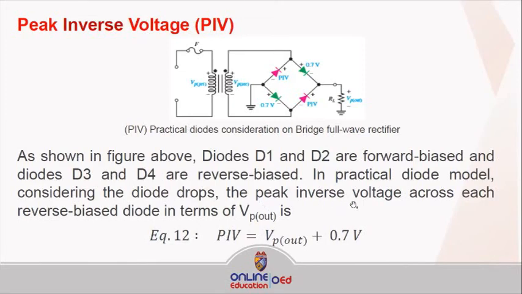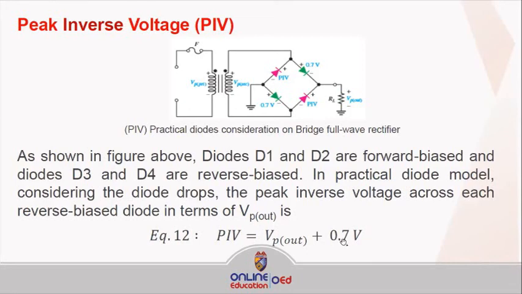The peak inverse voltage across each reverse bias diode in terms of VP out, okay, magiging formula nito ng peak inverse voltage natin in terms of VP out or output peak voltage, that will be equal to output peak voltage plus lang natin yung 0.70 volts or yung barrier potential or yung diode drops. Okay, these are the schematic circuit for a PIV practical diode consideration of a bridge full wave rectifier.